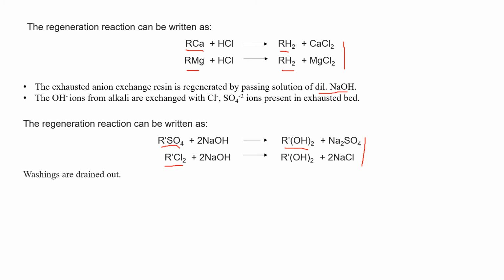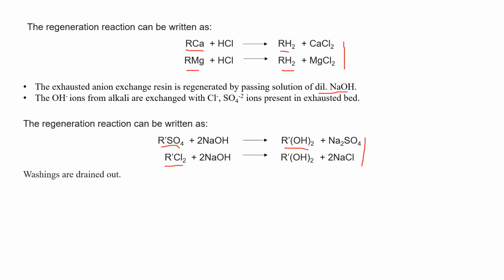When we pass a water sample through cation exchange resin, it exchanges all cations in water with H plus from resin, while when we pass the water through anion exchanger resin, it exchanges all anions in water with OH minus ions of the resin. This is the demineralization method.